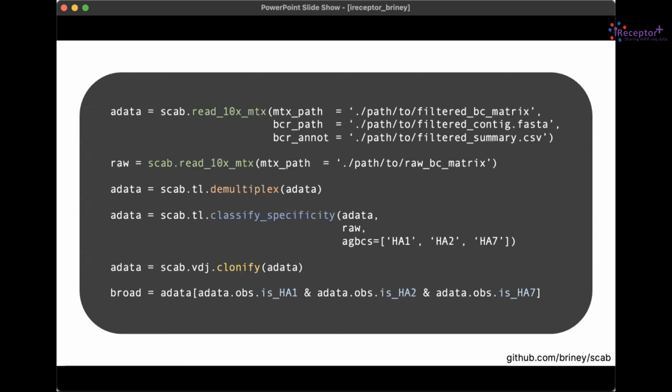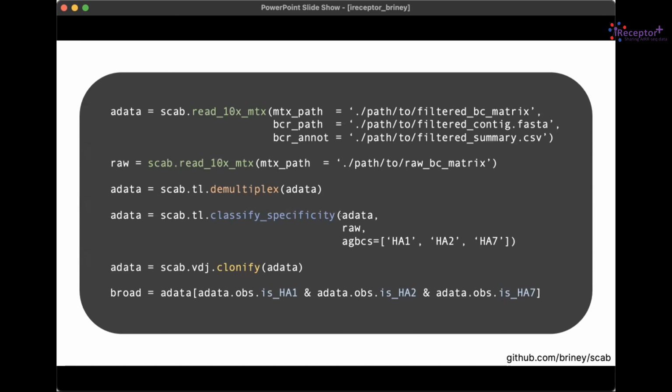So just as a summary, this would be all you would need to do if I wanted to go from raw data straight out of Cell Ranger and find all of the B cells, all of the lineages and B cells that were able to bind across multiple HAs. This is all the code you would need, starting with both your filtered matrix that Cell Ranger outputs, which includes the cell-containing droplets, as well as the raw matrix.